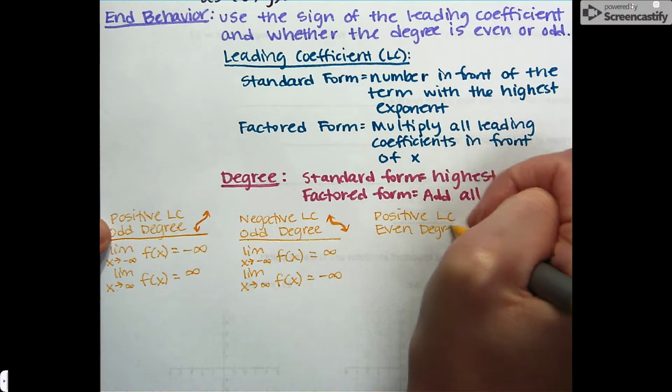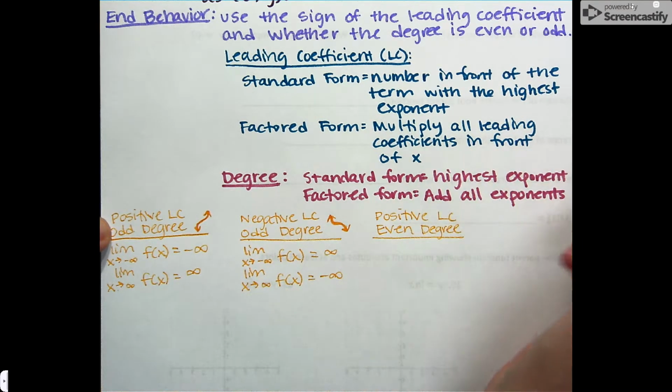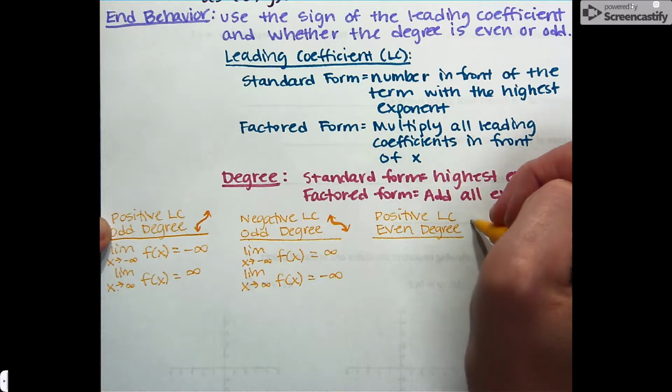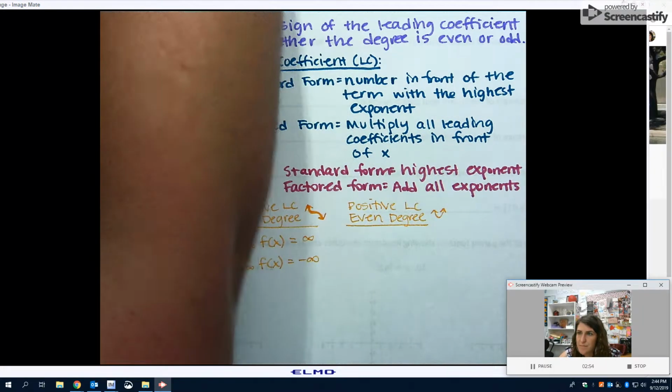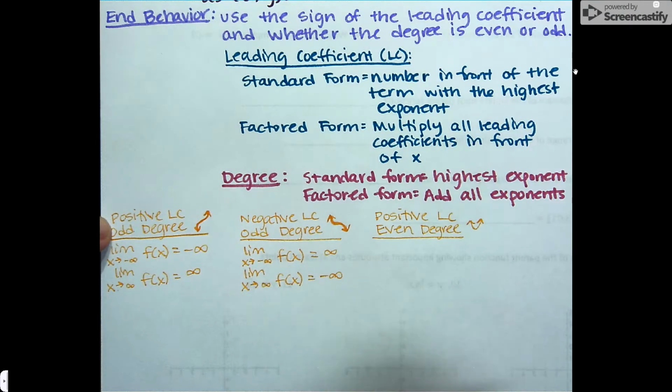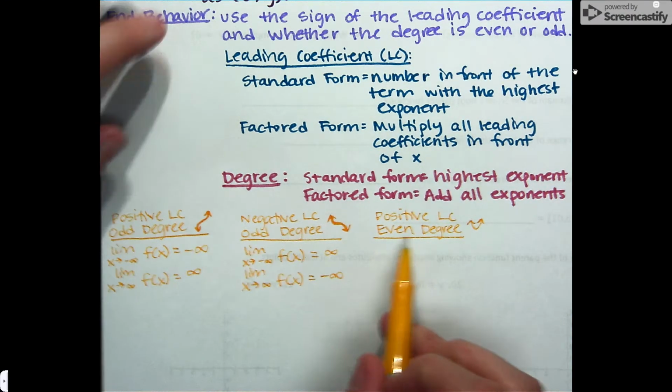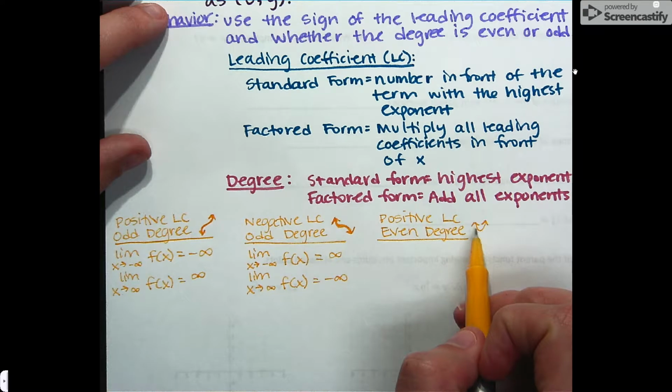So if it's an even degree, that means that that's kind of like a quadratic, right? Like a 2, 4, 6, 8. So that's going to be a positive even, so an upward facing quadratic. Okay, so positive leading coefficient, even degree. So that means it's kind of like a quadratic because it's even, 2, 4, 6, 8.